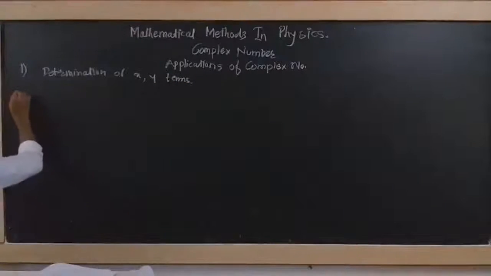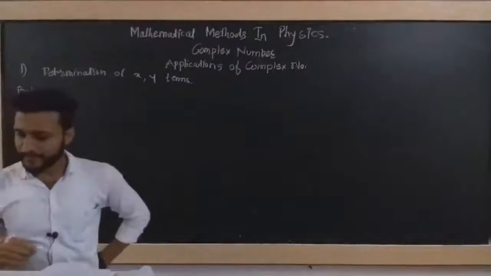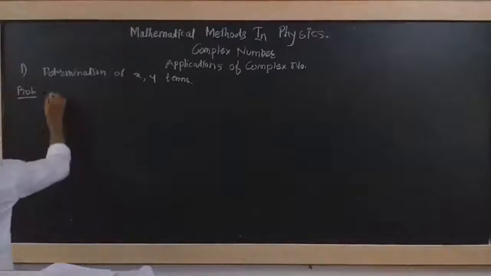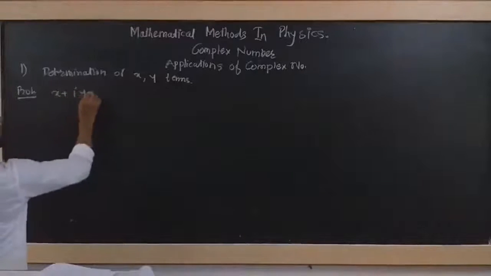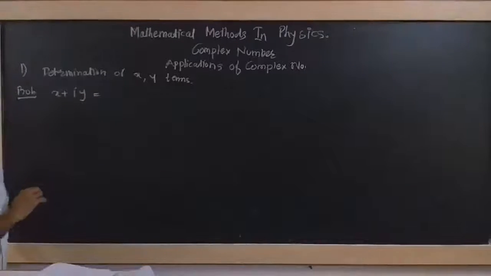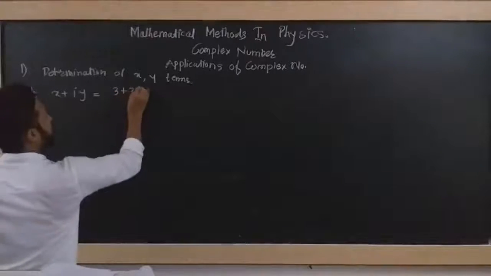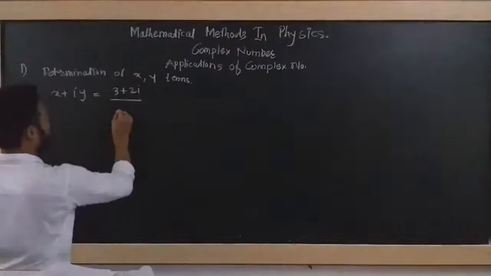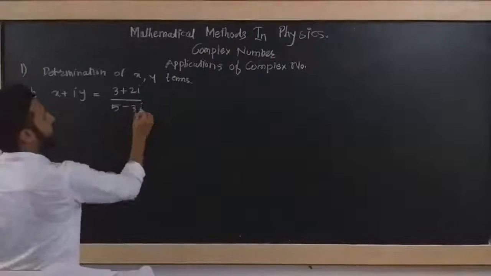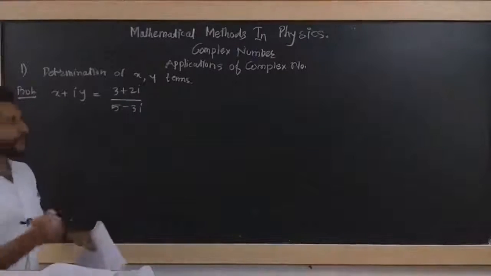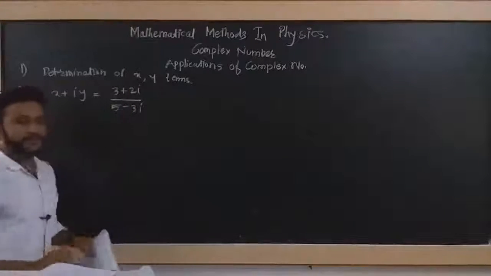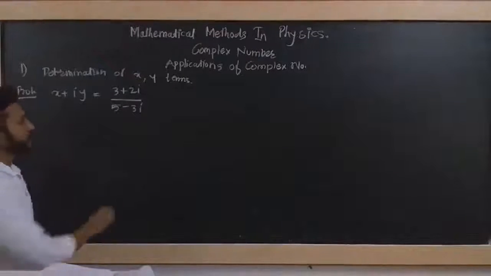So the first problem we'll take: if x plus iy is equal to (3 plus 2i) and (5 minus 3i). Very simple, whenever we face such kind of problems, use the rationalization method.